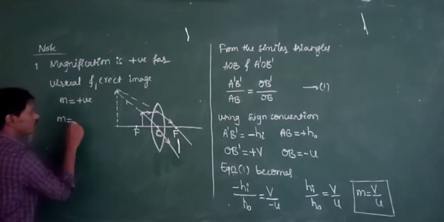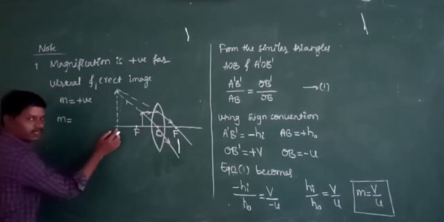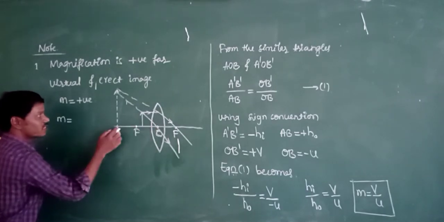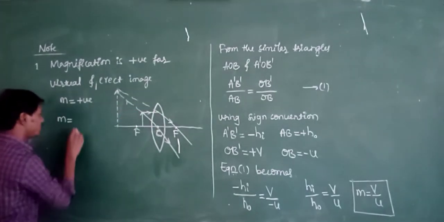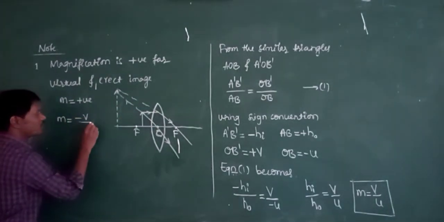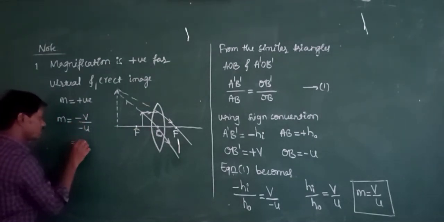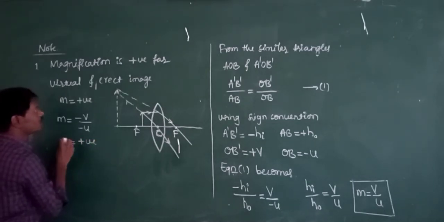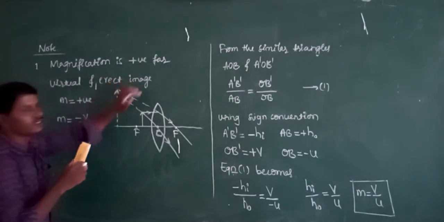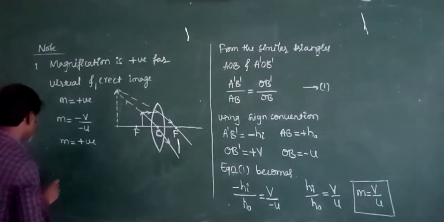M is equal to the image distance, which is minus V, because the distance is measured in the opposite direction of incident light, and the object distance is minus U, and minus by minus again is plus. It is plus, meaning magnification is positive for which image? Virtual and direct image.